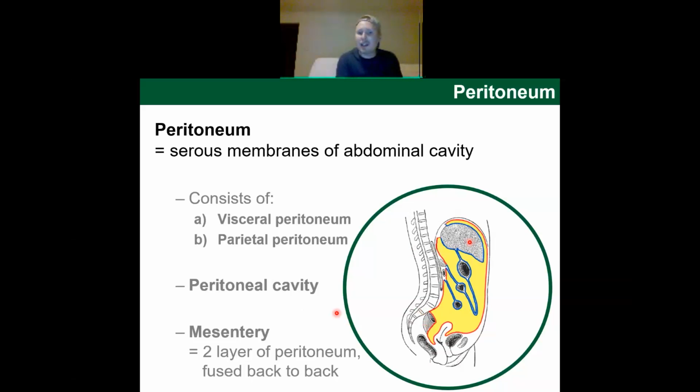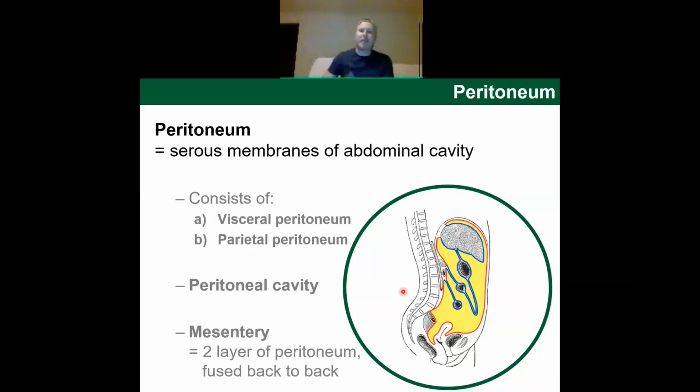You'll also notice that at certain parts, this peritoneum goes around structures that we find within the abdominopelvic cavity. We go around the liver, we go around the stomach, we go around the small and large intestines. So there are a few different functions. First of all, we want to form this kind of sac.